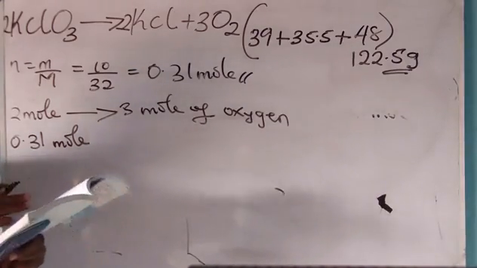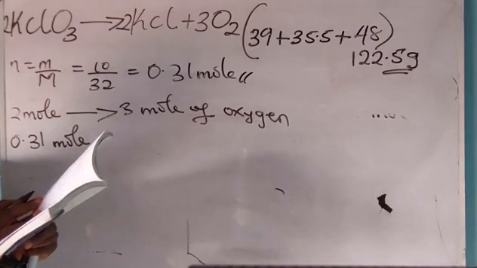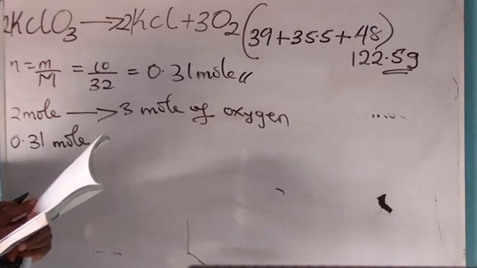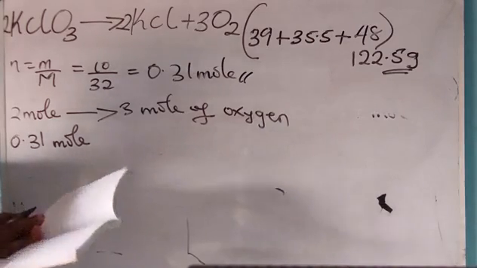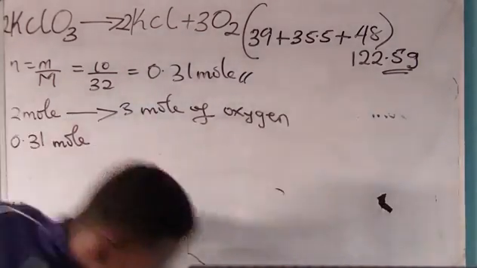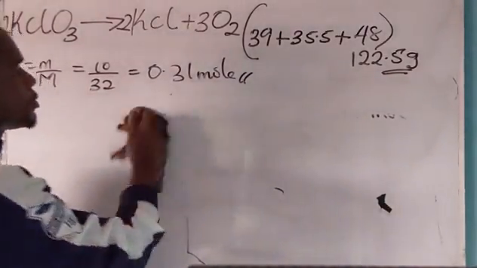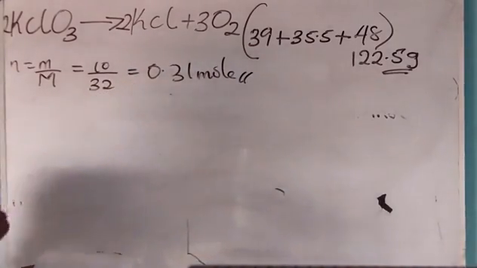Okay, let me check, sorry. How many grams of... Oh, I get it. We have to be very careful the way we solve questions. So we have done this already.